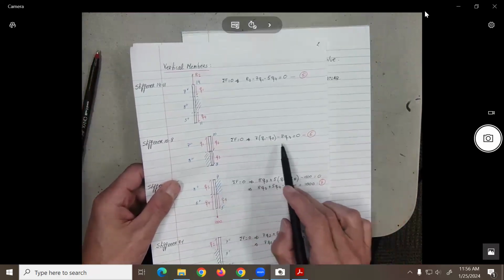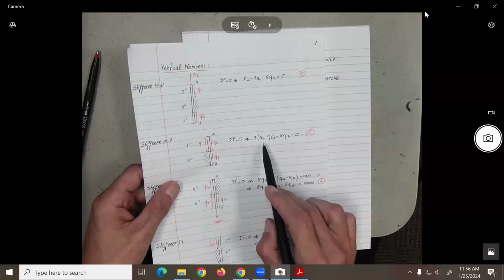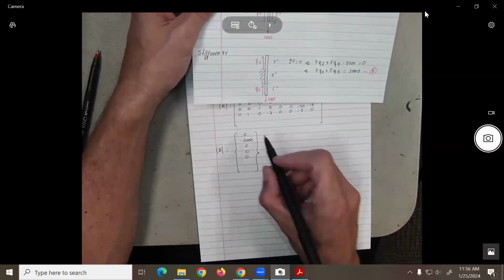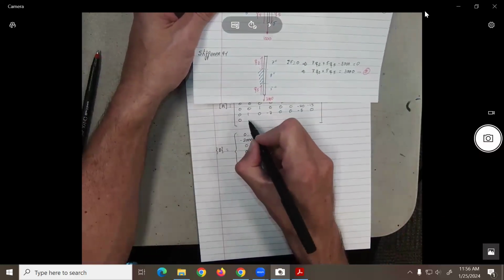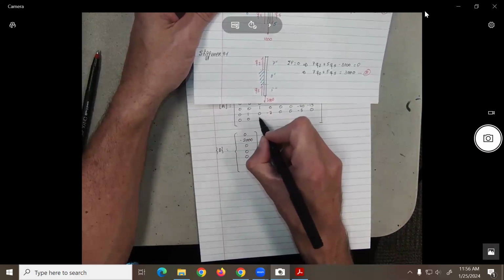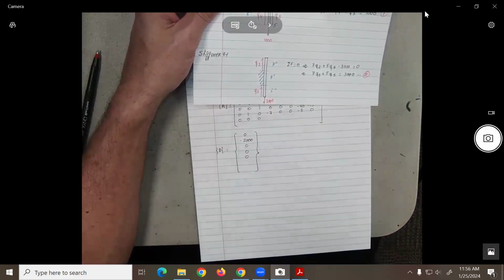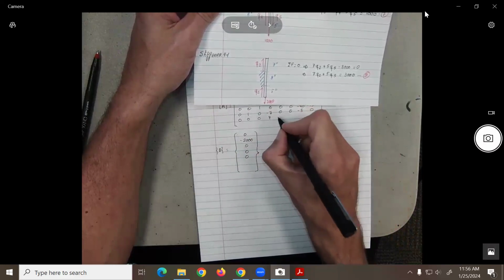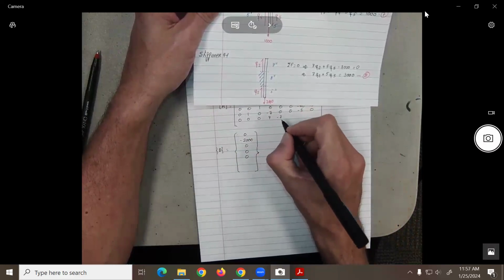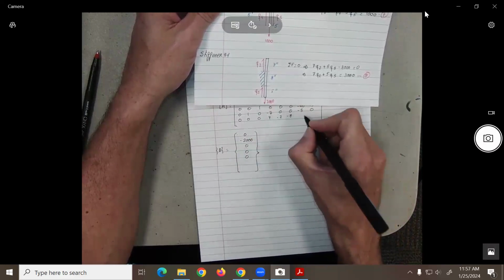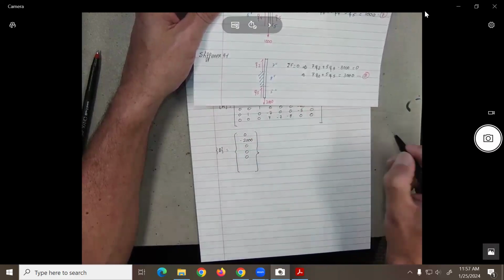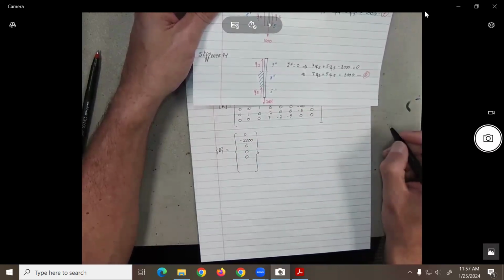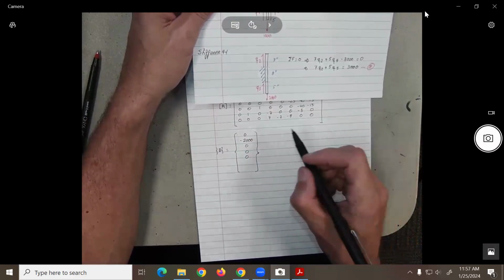This one is R1, R2, so this one has only component Q1, Q2, Q3. So we have R1, R2, R3, 7Q1, minus 7Q2, minus 8Q3, 0 and 0. And this is equation 6, no?